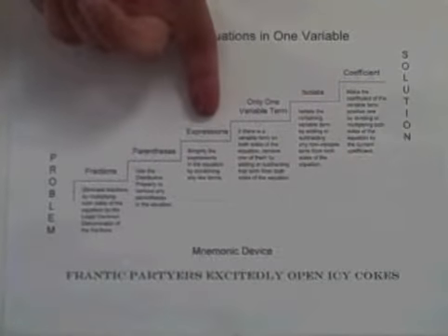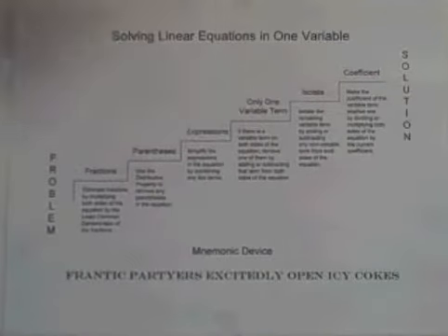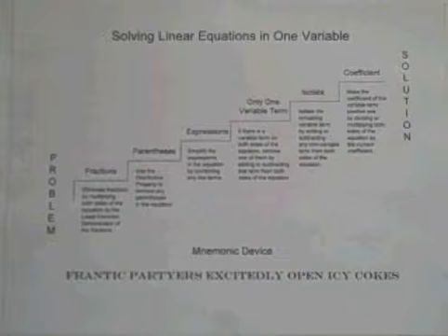Then we want to go to the next step and look to see, are there any parentheses in our equation? If there are, we want to use our distributive property to remove those parentheses. That will free up all of the terms in our expressions, so we can go to the next step of simplifying the expressions in the equation by combining the like terms within those expressions.